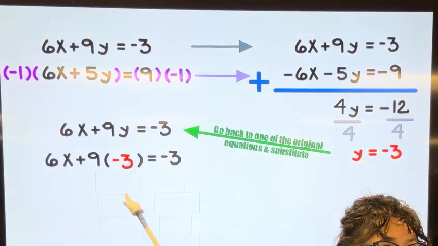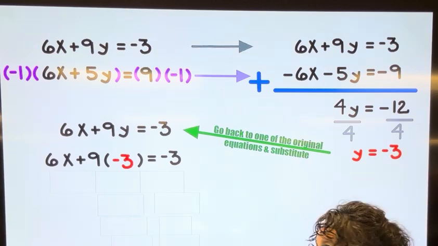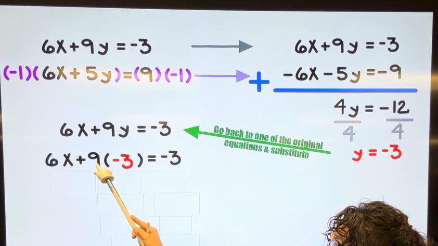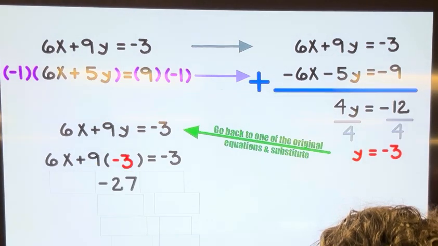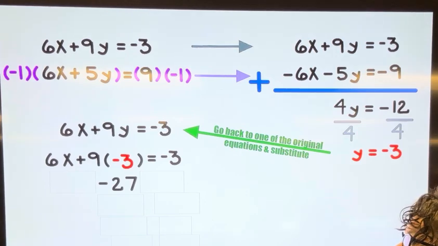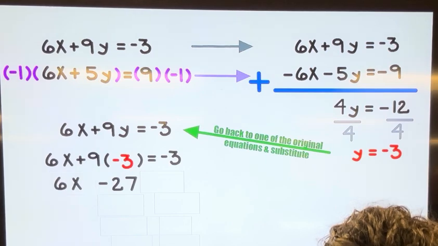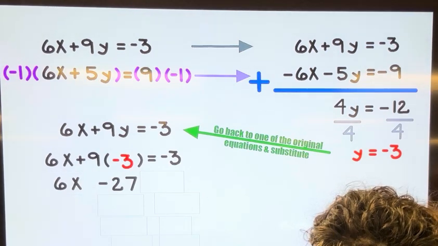Before I start moving letters to one side, numbers to the other, I need to simplify my equation. I want to simplify the left side. I can take 9 and multiply it by -3, and that gives me -27. Then I'll bring down the 6x and bring down the equals -3.